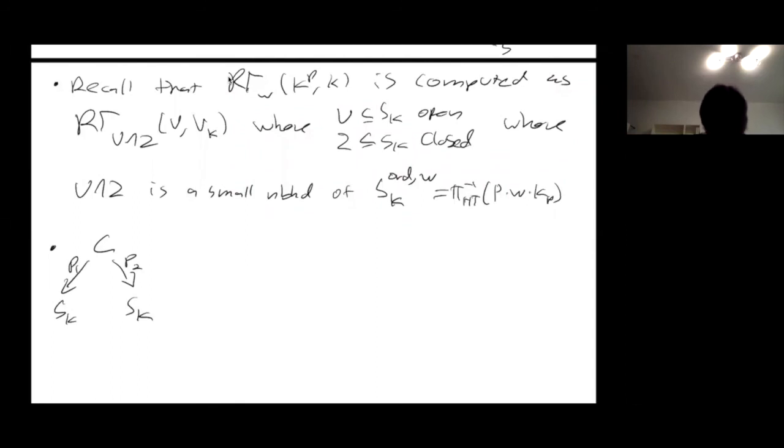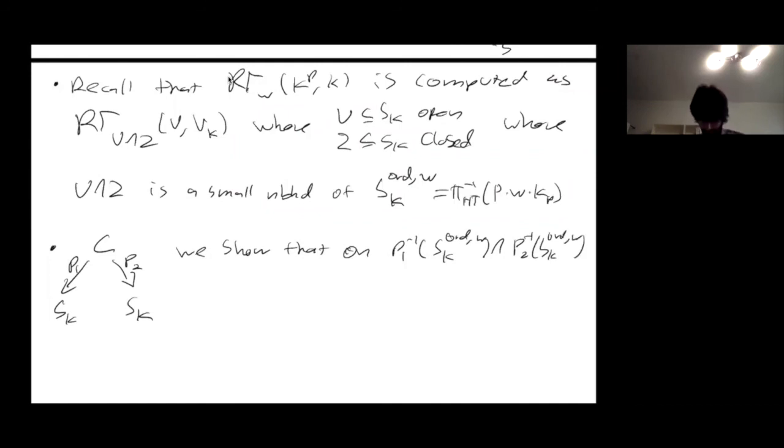So in a neighborhood, but we show that on p1 inverse S_K ord W intersect p2 inverse S_K ord W. This is sort of like the piece of the correspondence that is sort of fixing this component of the ordinary locus. So the piece of the correspondence which is going from this component back to this component.